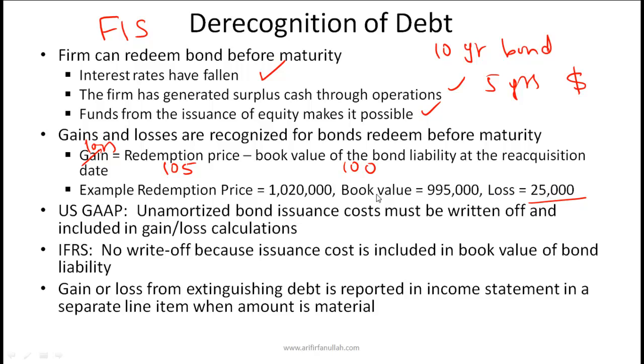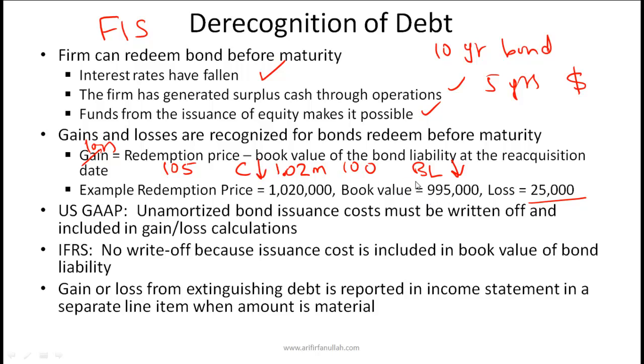If you pay more than the liability, then the accounting entry here will be as follows. When you pay this much, your cash goes down by 1.02 million. The book value, so your bond liability or your bond payable, goes down by this much.